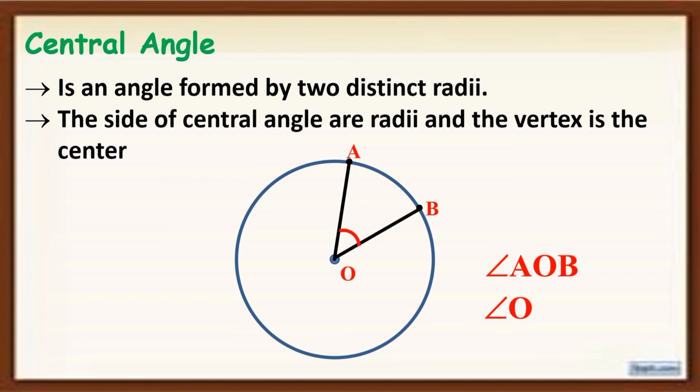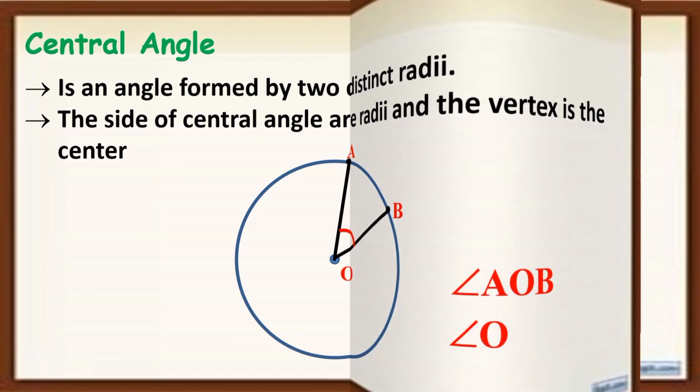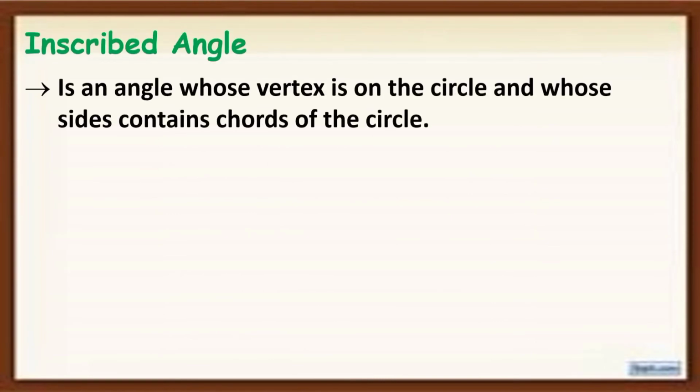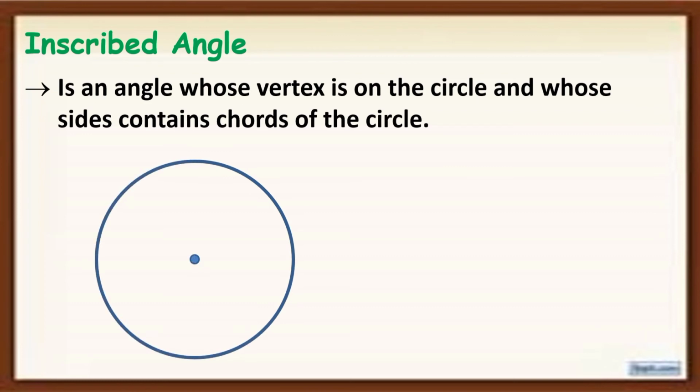Now let's have the inscribed angle. It is an angle whose vertex is on the circle and whose sides contain chords of the circle. So let's have another circle and I'm going to name it circle O. For example, we have point A here and another point here, which I'm going to name point B. And let's have another point here and I'm going to name it point P. If I connect point A and point P, it will form a chord.